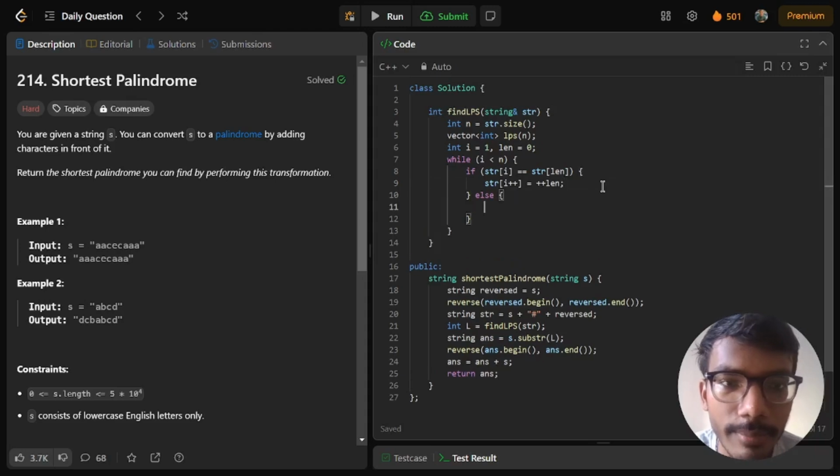Now if I don't get a match, instead of this str, it should be LPS.